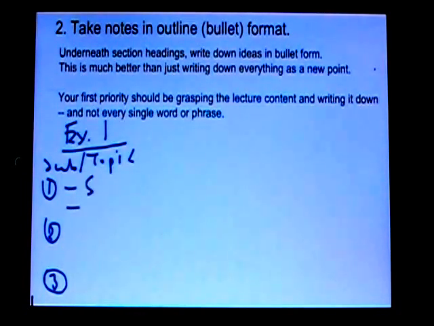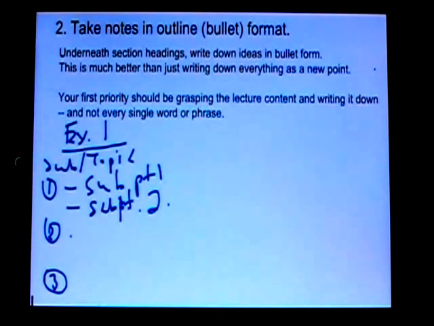subpoints: subpoint 1, subpoint 2, and so forth.